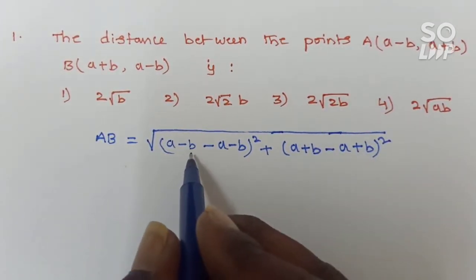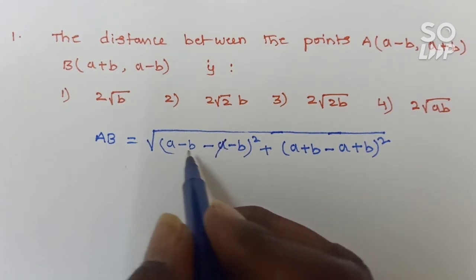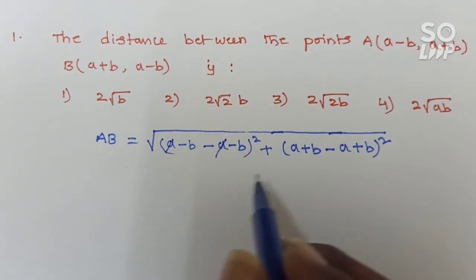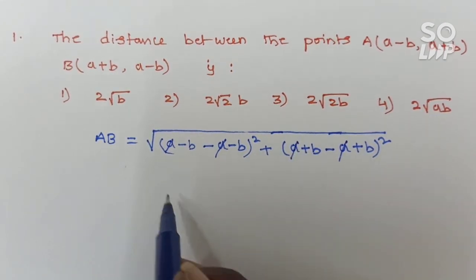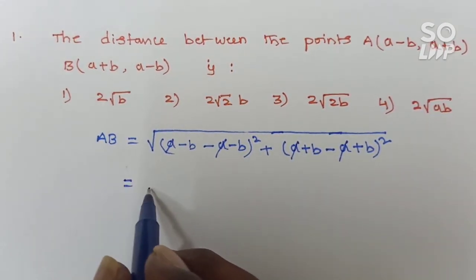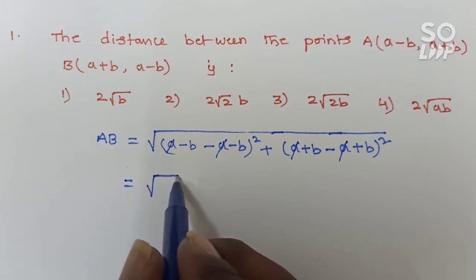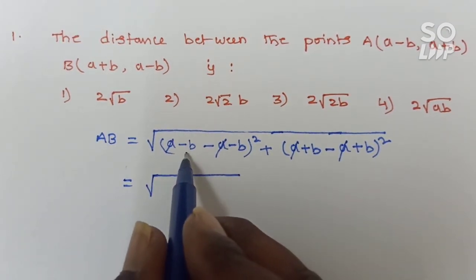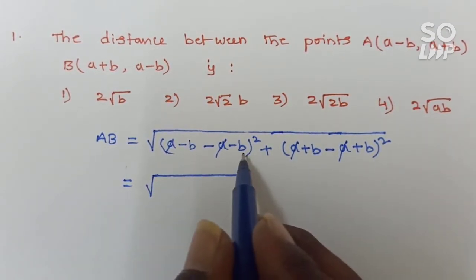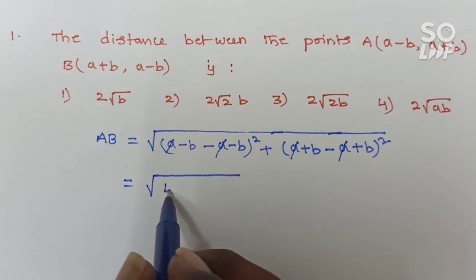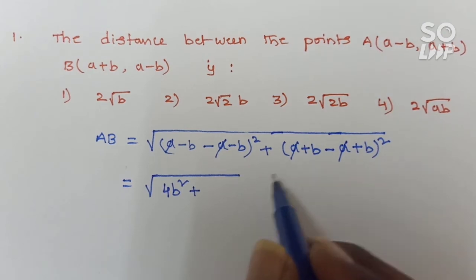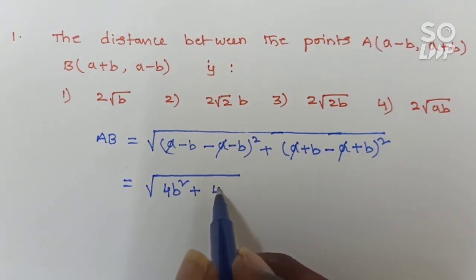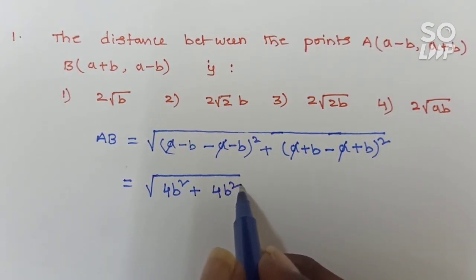Okay, so in this one, minus a and plus a cancel. Here also minus a and plus a cancel. So this one will be equal to the square root of (minus 2b) whole square, that is 4b square, plus (2b) whole square, which is also 4b square.